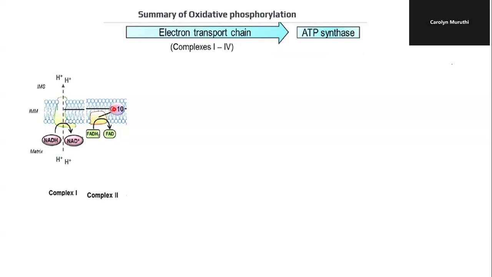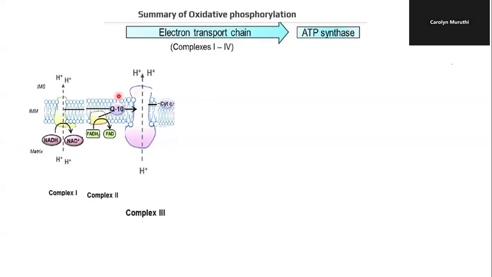Coenzyme Q is a lipid-soluble electron carrier, and passes the electrons from complex 1 and 2 to complex 3. So when complex 3 gets the electrons, it is charged and pumps 4 hydrogens or 4 protons from the matrix to the intermembrane space.